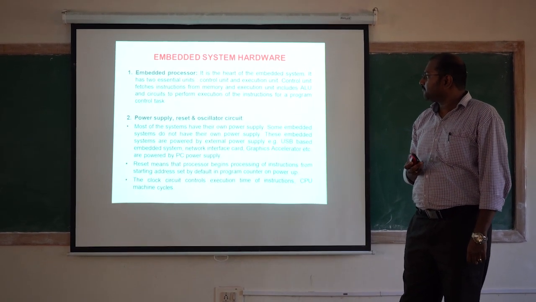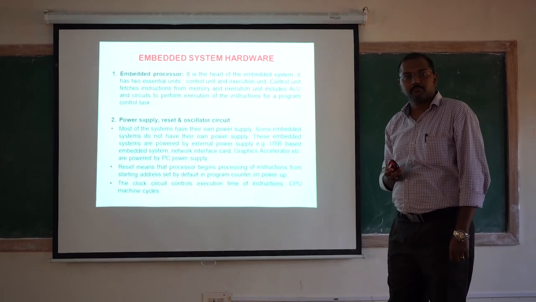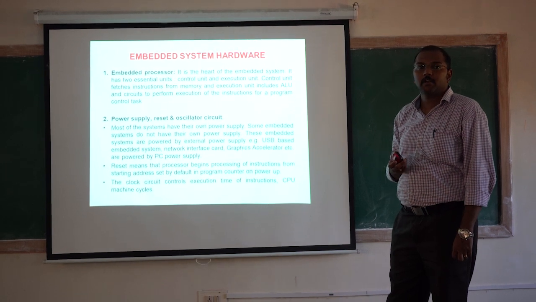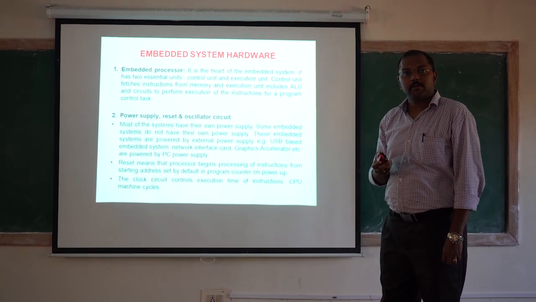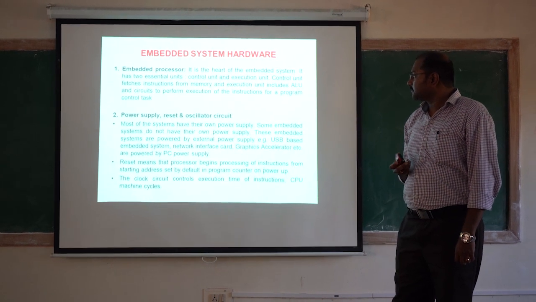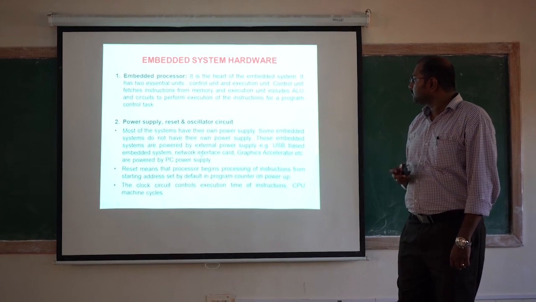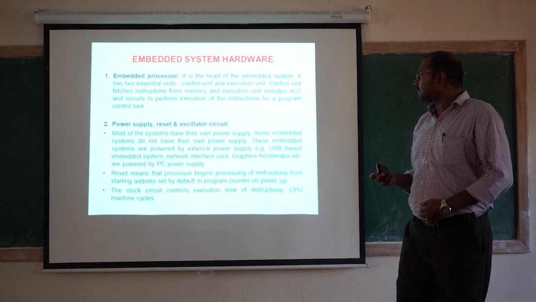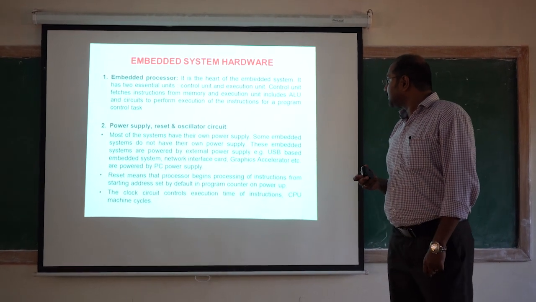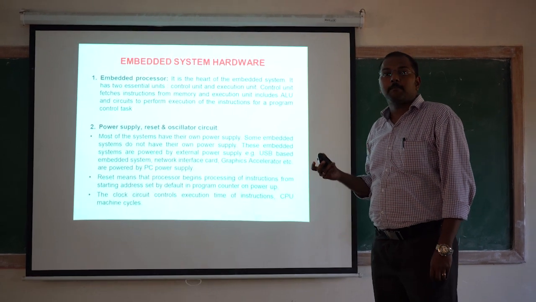Next will be the power supply, reset, and oscillator circuit. This is a very important component of the embedded system. Most systems have their own power supply. Some embedded systems do not have their own power supply and are powered by an external power supply.